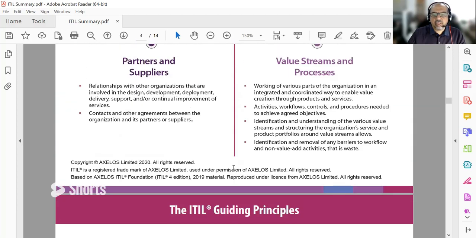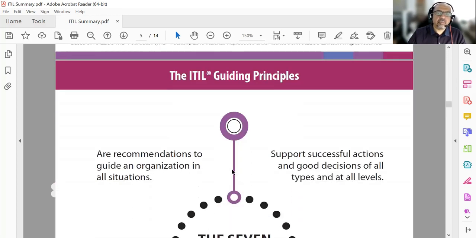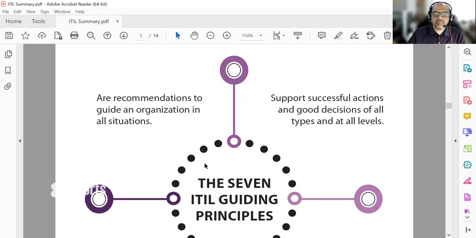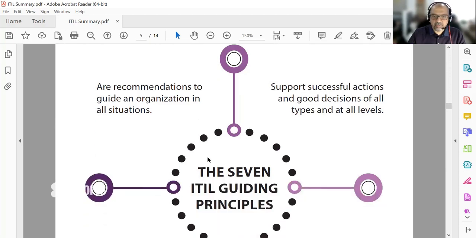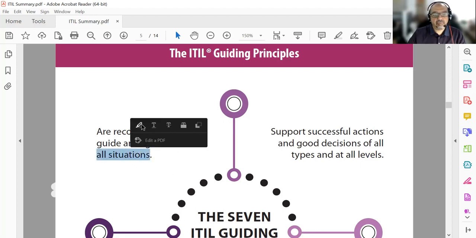Then when we deliver this service or multiple services, we will have some guiding principles. These guiding principles are very important. We have seven guiding principles. The guiding principles are recommendations to guide an organization in all situations.